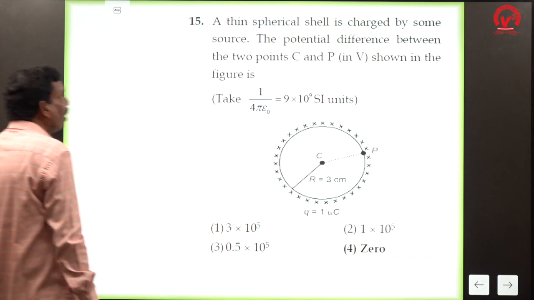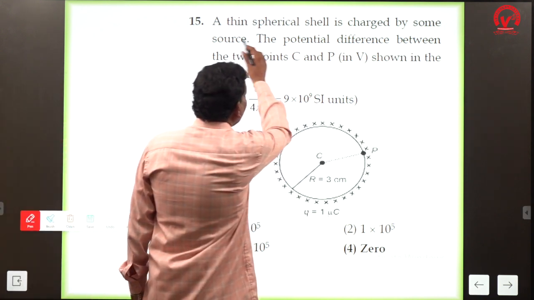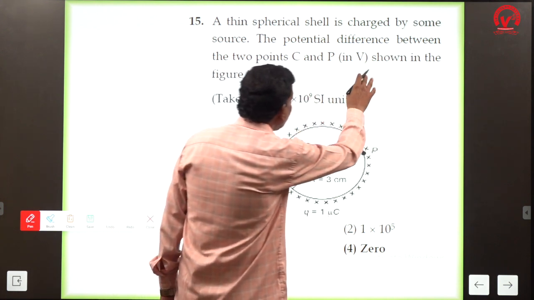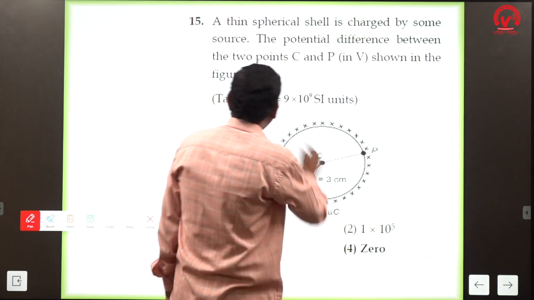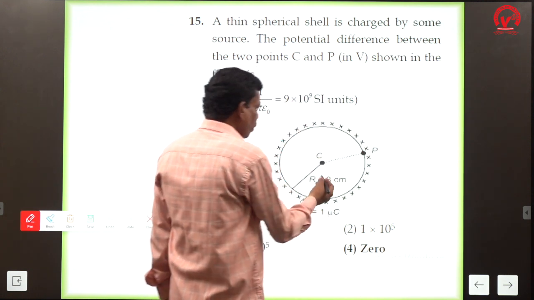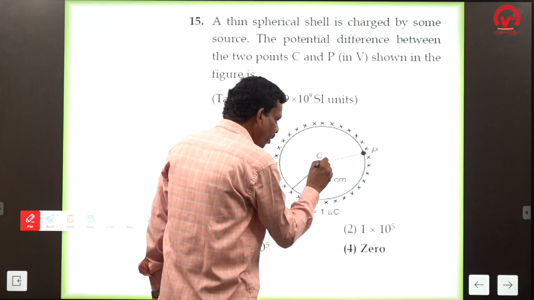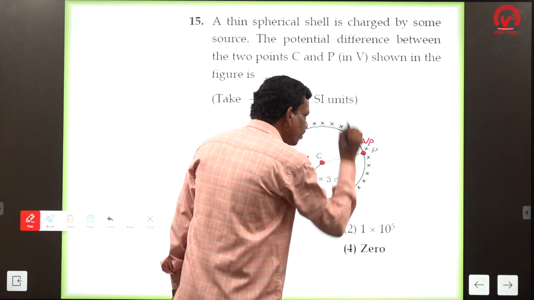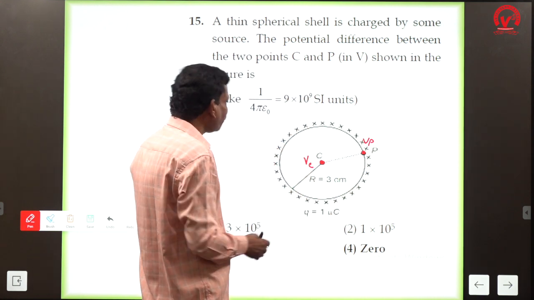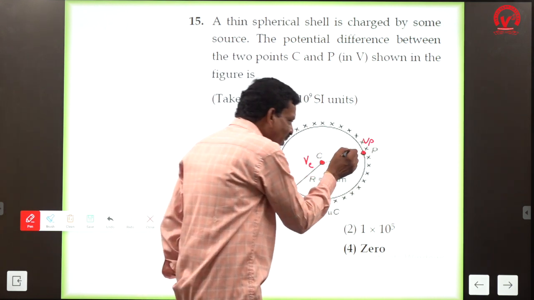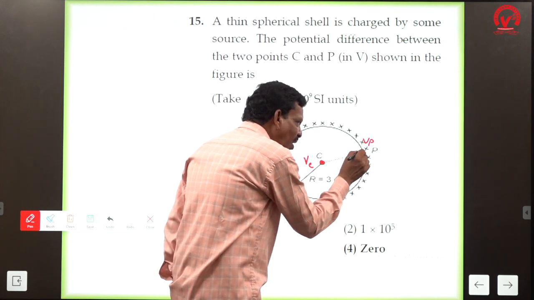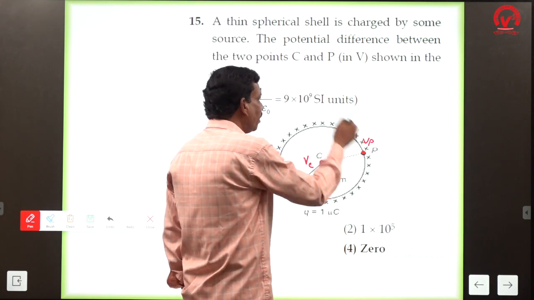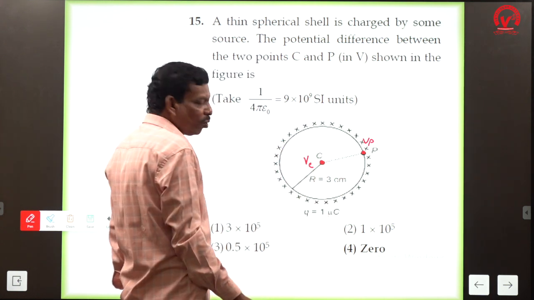Next question, question number 15. A thin spherical shell is charged by some source, the potential difference between 2 points C and P. Here they ask a point, it is VC, and here VP. We know the potential on the surface and inside the spherical shell is also the same.